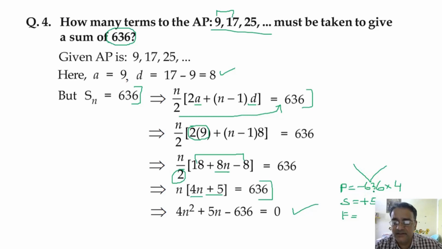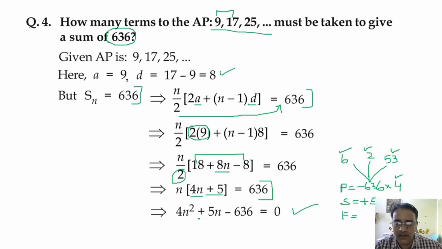Minus 636. You can split it into 6 into 106, and 106 you can further split into 53 into 2. So we are getting the factors 4, 53, 2, 6.